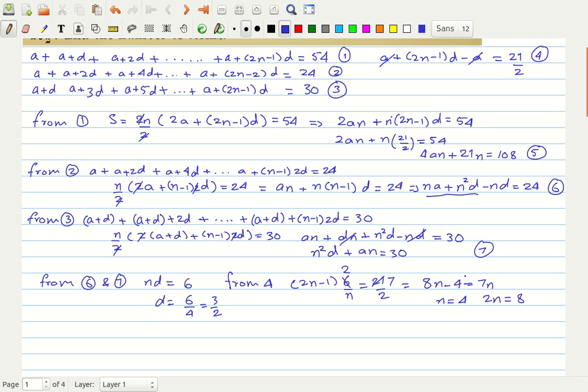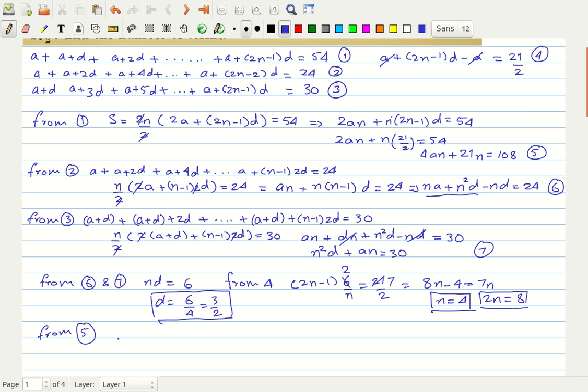We know the value of n is equal to 4. So from equation number 5 we have already found out n, we have found out the value of d. Now we have to find the value of a. This is equation number 5 here. We know the value of n.